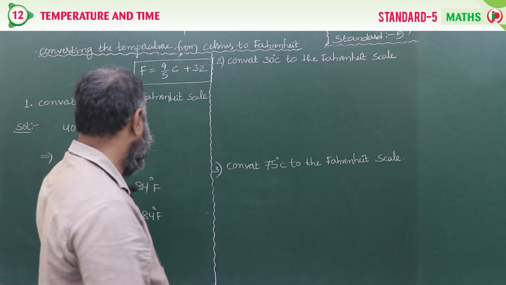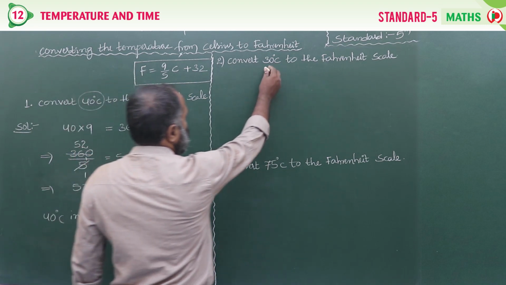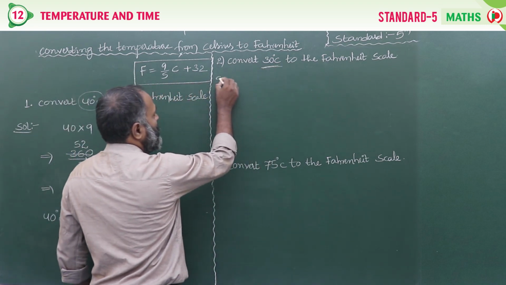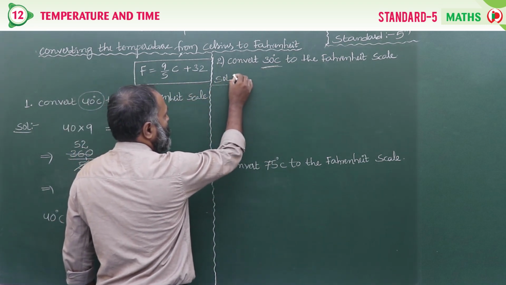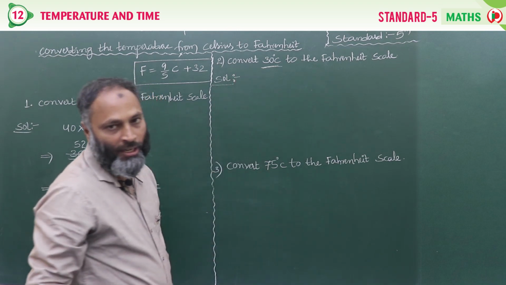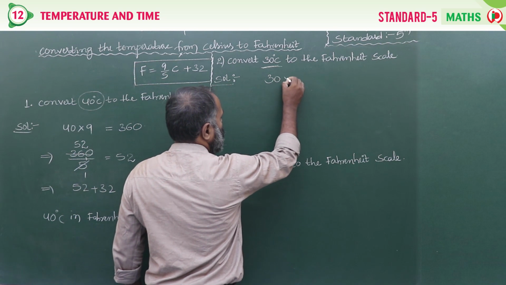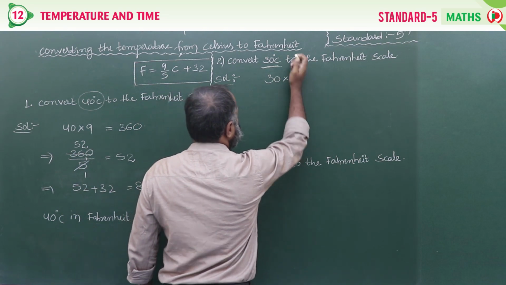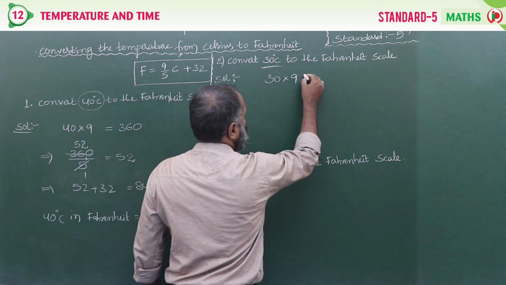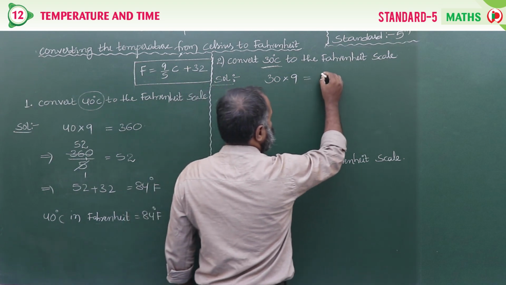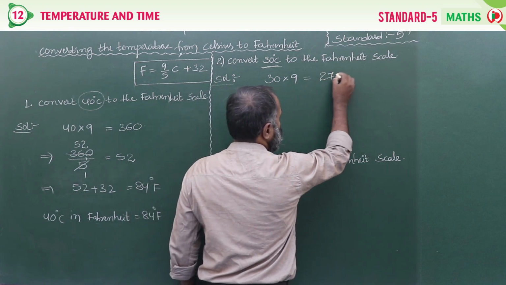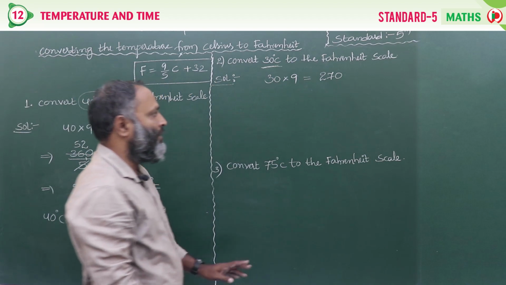Now here also 30 degrees. So 30 degrees we should convert into degrees Fahrenheit. How to convert? 30, multiply with 9. 9 3s are 27, 270 in the first step.